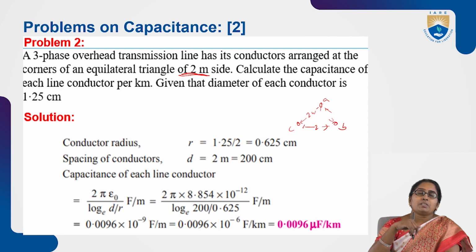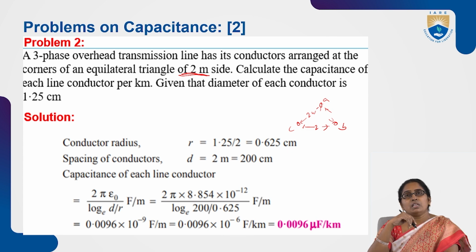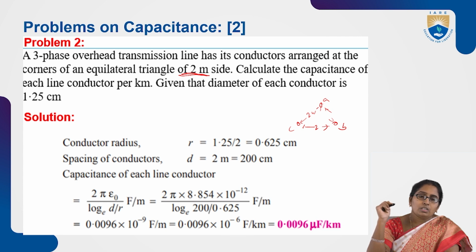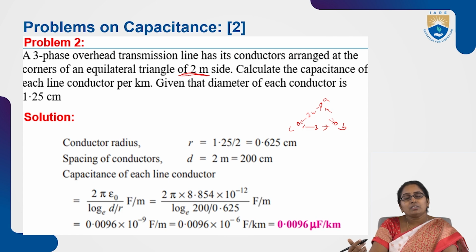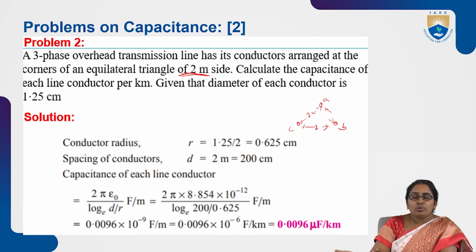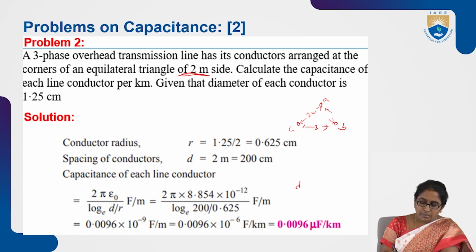Now calculate the capacitance. For a three-phase line, the capacitance expression is the same as for a single-phase line, only in the log base e d by r, the d varies. d means the distance between the conductors. Since the three conductors are arranged in an equilateral triangle, small d is given by the cube root of d1, d2, d3.